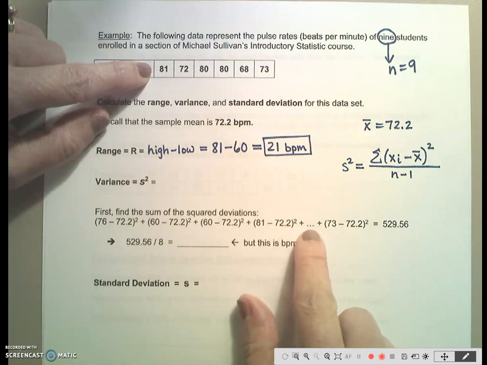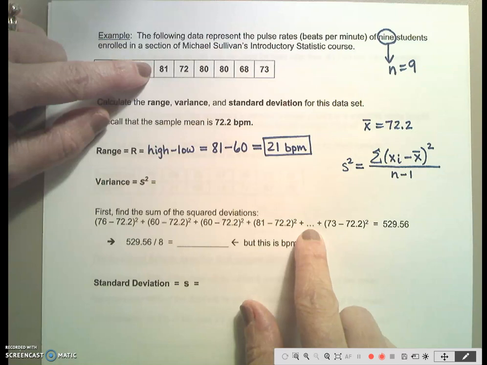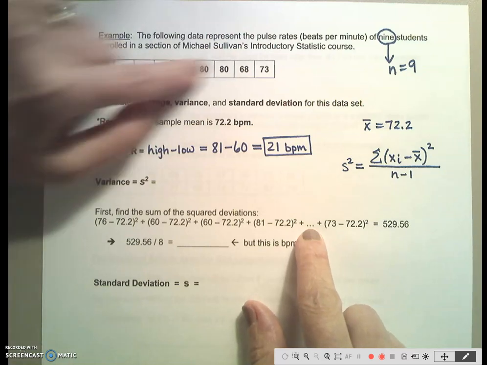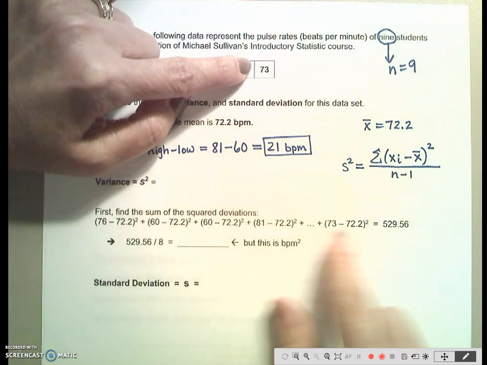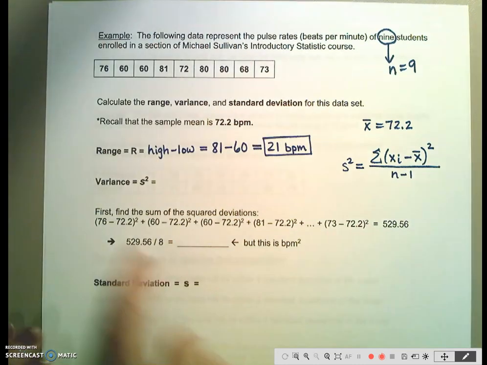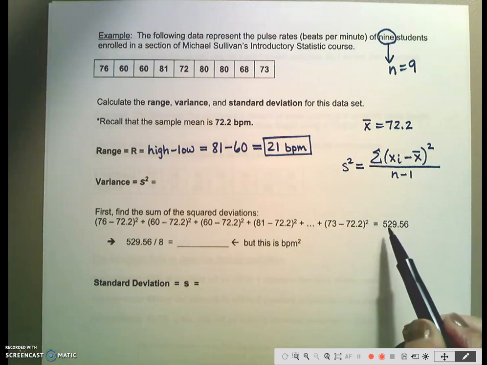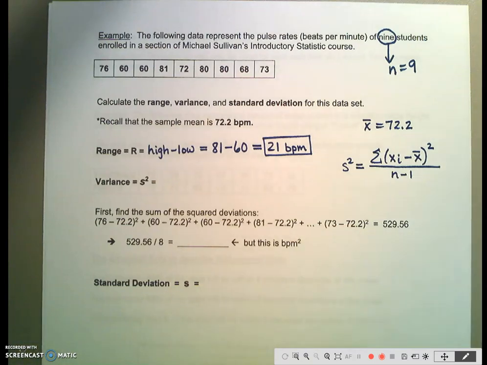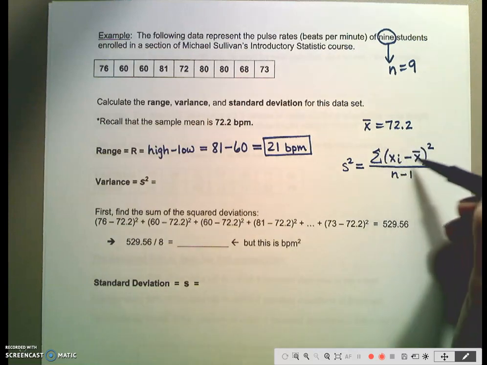And this is what I love that we can do in math. You just put plus dot dot dot because you get tired of writing or typing. And then we're just going to jump ahead now that you see the pattern to the last one, 73 minus the mean, and we're going to square it. And I already typed all of that in my calculator, and I got a grand total of 529.56. That's what the top of this fraction is.